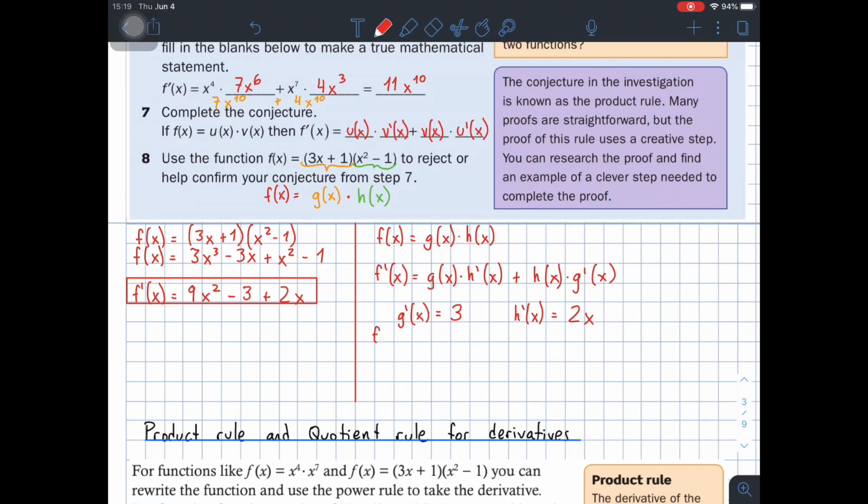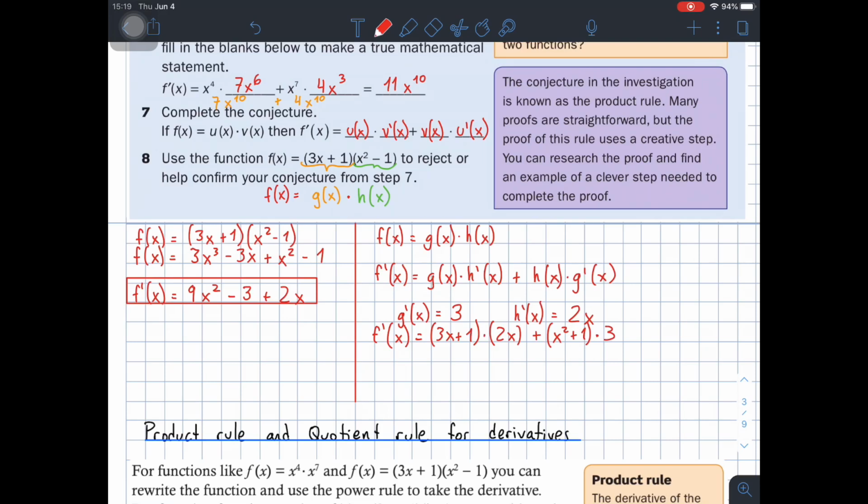So we're going to have f prime of x equals g of x, which is 3x plus 1, times h prime of x, which is 2x, plus h of x, which is x squared minus 1, times g prime of x, which is 3.